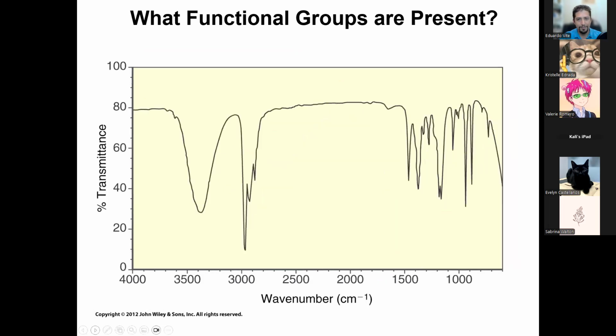Okay, next example. What's here? What functional groups are present here? Right? No carbonyl here, right? There's nothing at 1700. So there's no carbonyls.